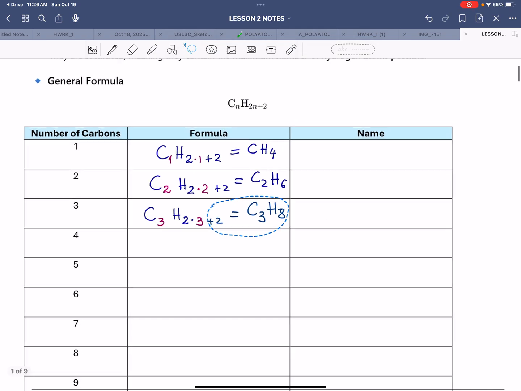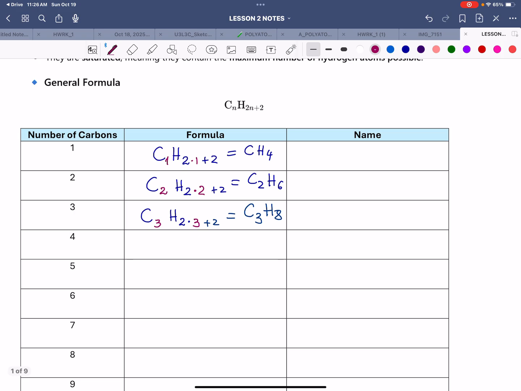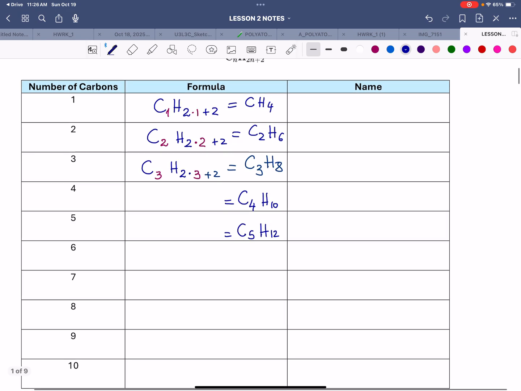By now you probably recognize the pattern in how the hydrocarbons are formed in this sequence. For the next hydrocarbon with 4 carbon atoms, the number of hydrogens is going up by 2, so C4H10. The next one will be C5H12, and every now and then double check if it fits the formula. So 12 must be double of 5, so that's 10, add 2.